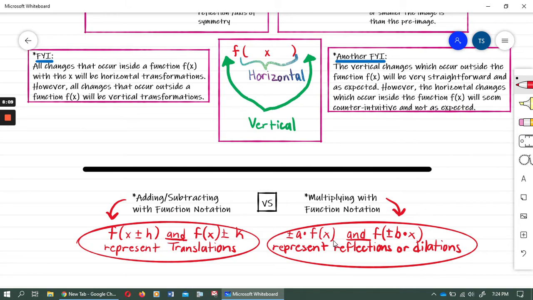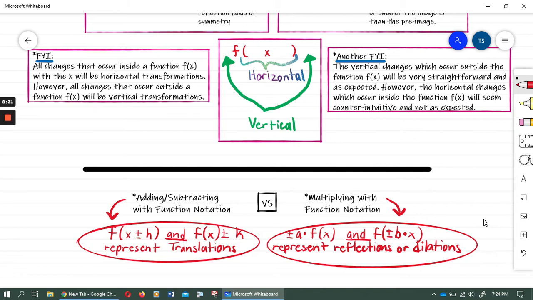I haven't explained anything specific yet, so don't get carried away with what you see, because I haven't explained exactly when there's going to be a reflection, or when you expect to see dilations.